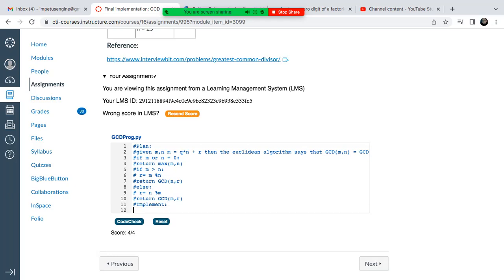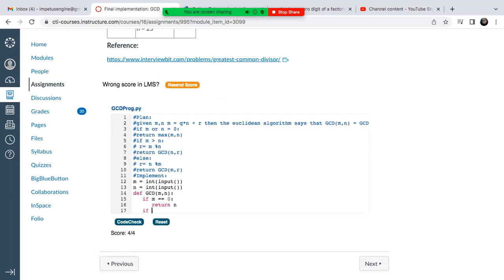We want two inputs, so m equals int(input()) and n equals int(input()). Then we define a function GCD(m, n) such that if m equals 0, we return n, and if n equals 0, we return m.